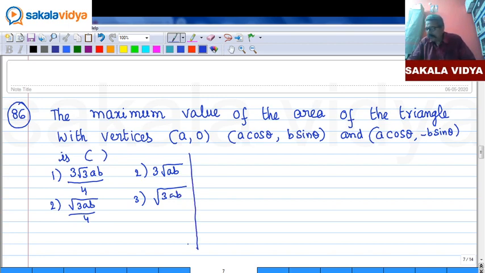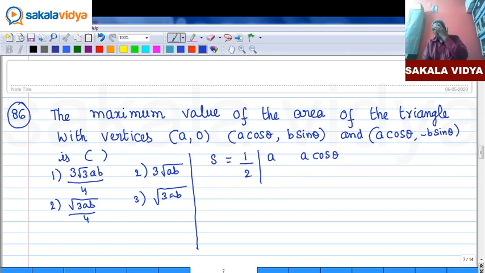Simply first find out the area of the triangle formed by these three points, (a, 0), (a cos theta, b sin theta), and (a cos theta, minus b sin theta), then maximize that area. So you can find out the area S or delta as mod of, you can write x1, x2, x3, x1.